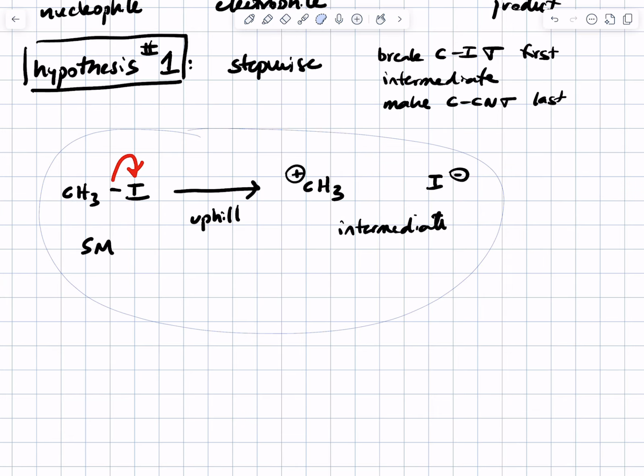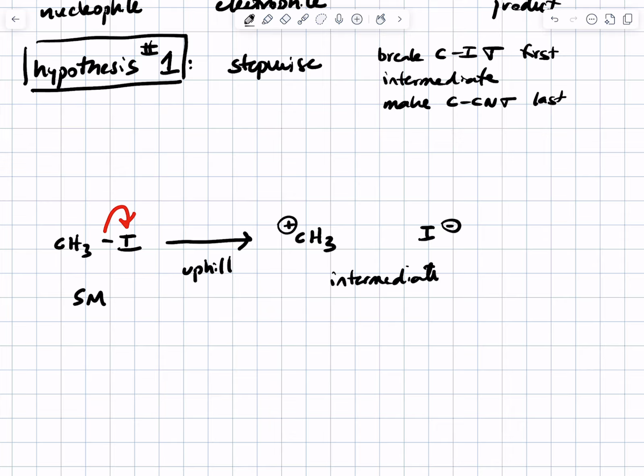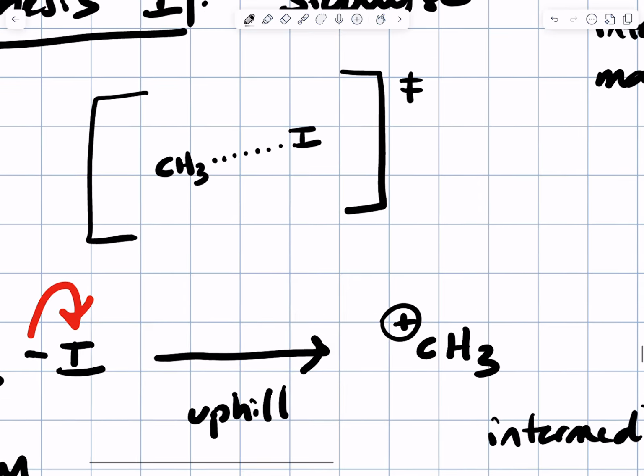Along the way, you predict that you would go through an energy maximum called a transition state. We'll indicate a transition state with brackets and a double dagger to indicate that this is a high energy maximum.